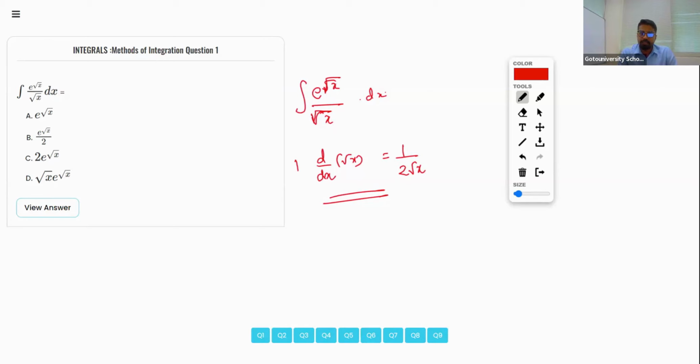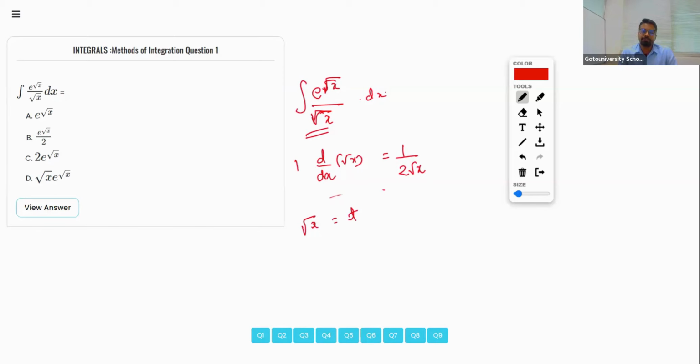As I have this 1 by 2 root x here, I want to solve this question in such a way that I substitute this with some other variable. Pay attention to this: let us assume root x as some t. Now differentiate with respect to x.